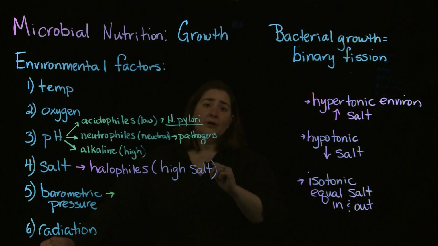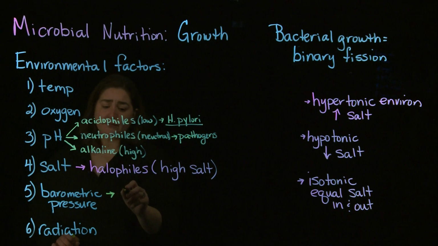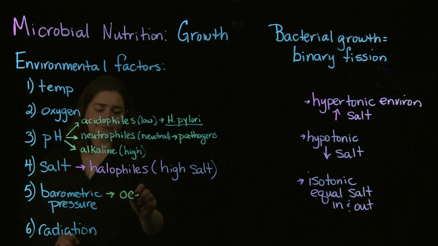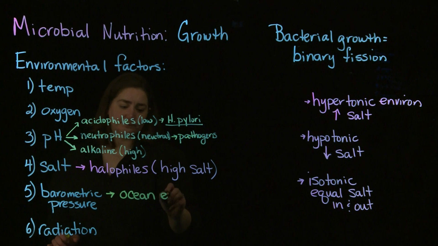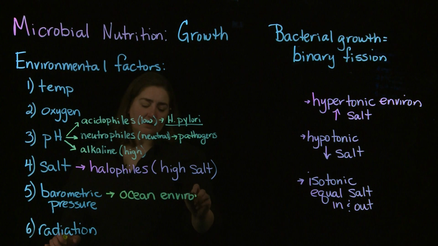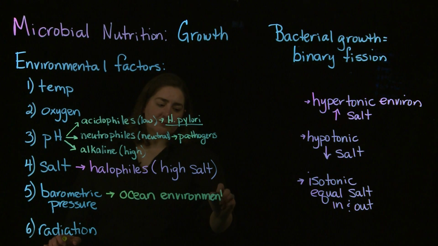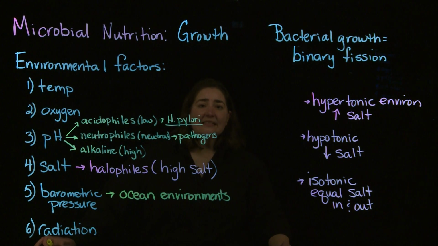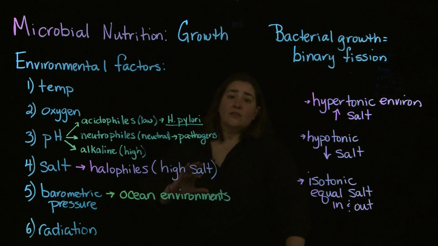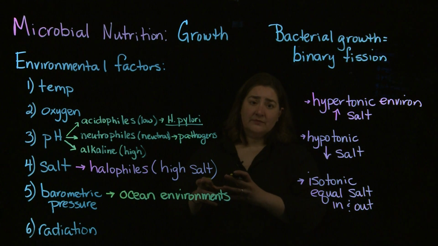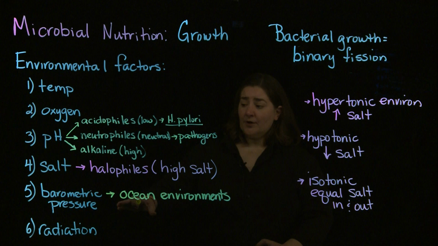Where barometric pressure comes into play, really, are in ocean environments. So way deep down in the ocean, there are vents down on the ocean floor where there are many bacterial colonies.